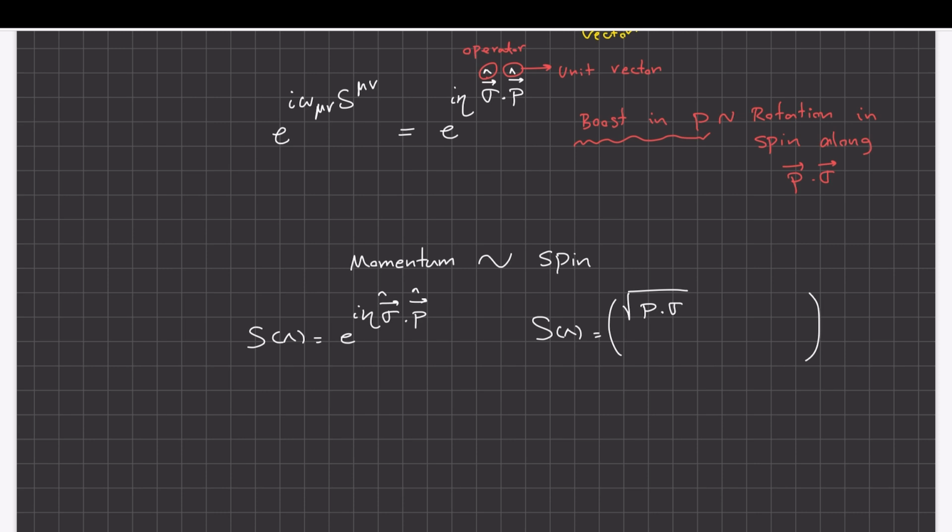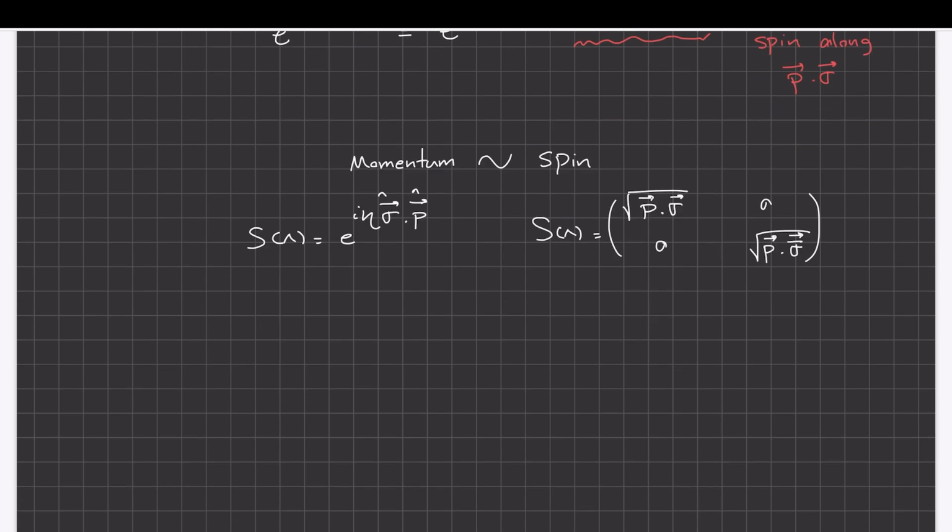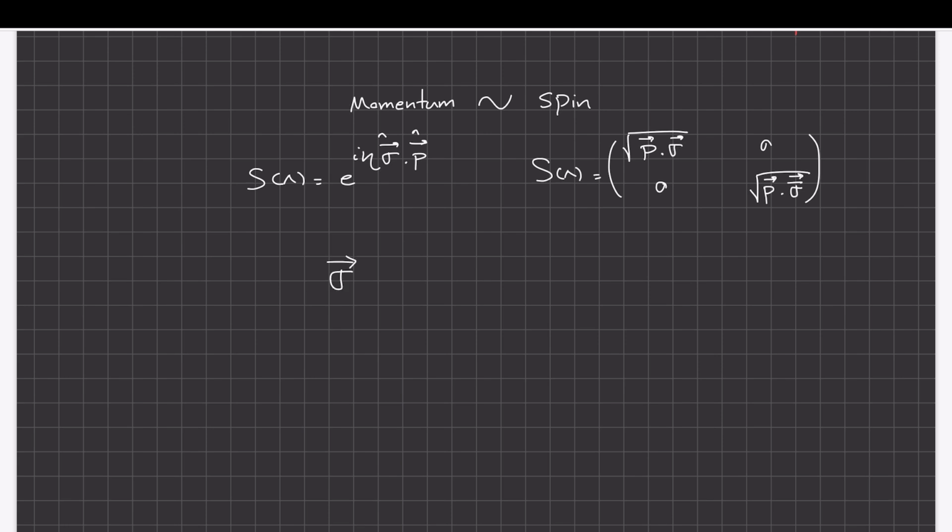And this S of lambda in general is going to be P dot sigma and then P dot sigma bar. And the difference between the sigma and the sigma bar is on the minus sign. So P dot sigma is P0 sigma 0 minus P vector dot sigma vector.